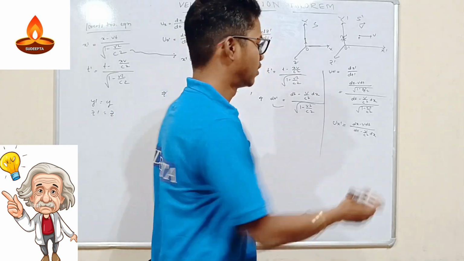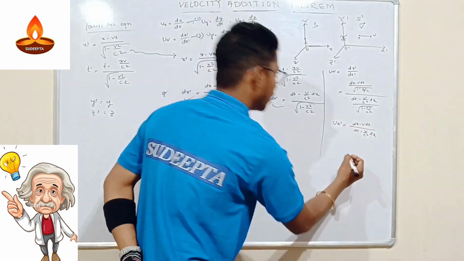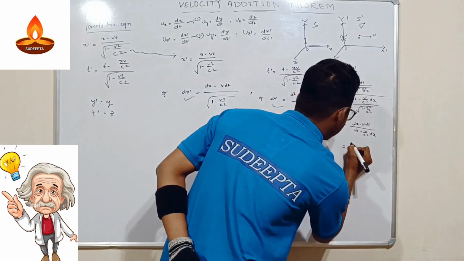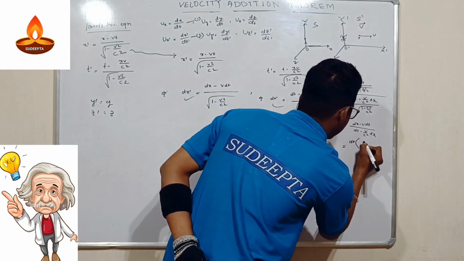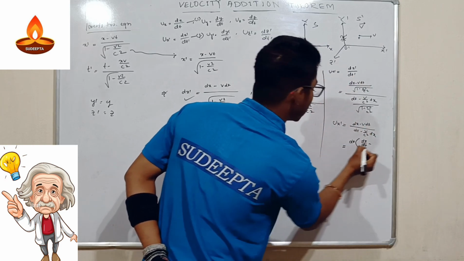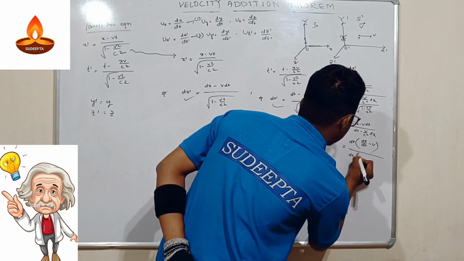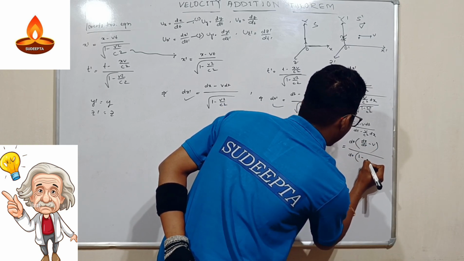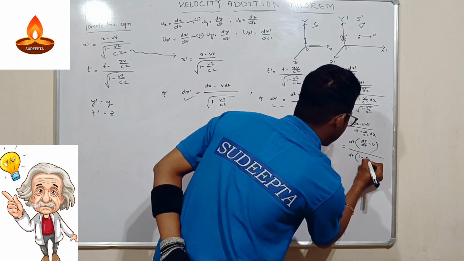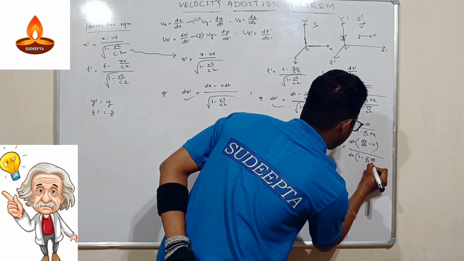So how can we get it? Just take dt common from both sides. What will happen if we take dt common here? dx upon dt minus v upon, if we take dt common, then it will be 1 minus v upon c square dx upon dt.